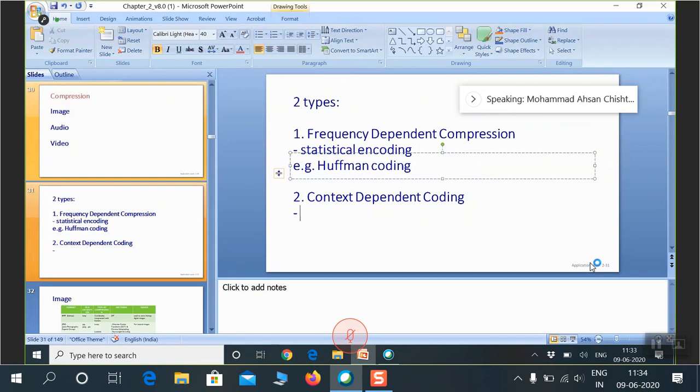As an example, just think of a word which starts with Q and does not have U after it.